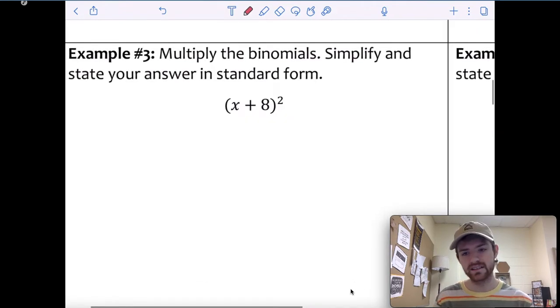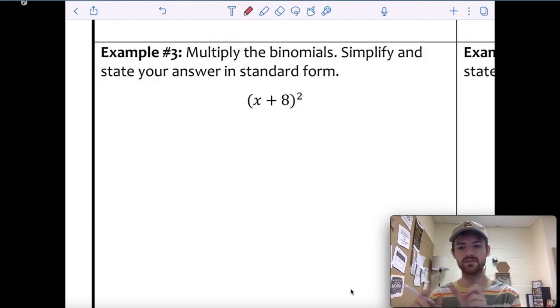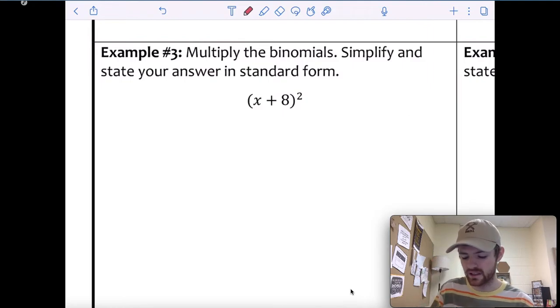x plus 8 squared. How do we tackle this? Well, if this lesson is about taking a binomial times a binomial, how can we get something like that in this problem? Let's remember that if I have x squared, I can write that as x times x.